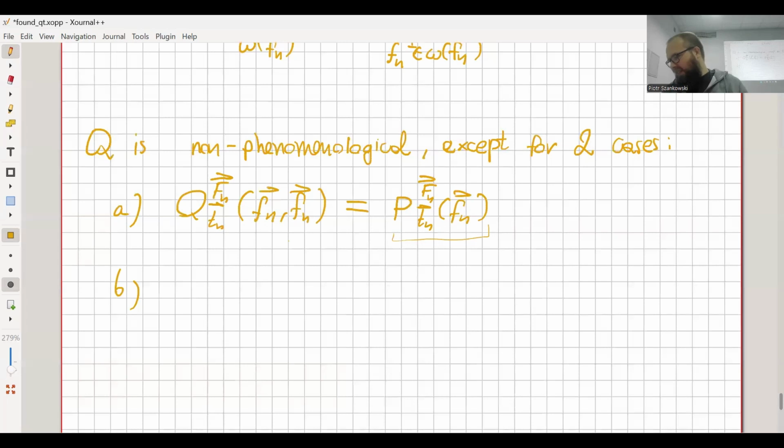Then it's not really the whole Q that you can recover, but only the real part of Q. So you take Q of F1 through Fn, and let's say the double slit was inserted at time Tj.